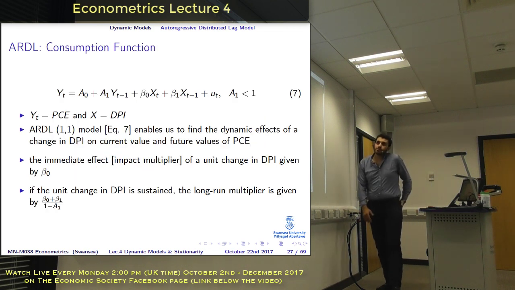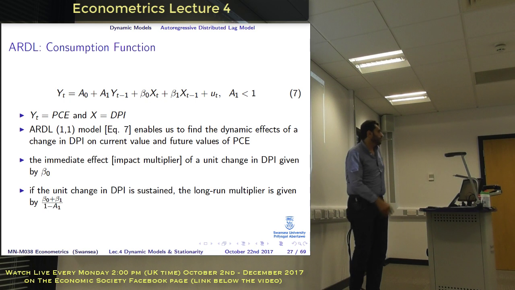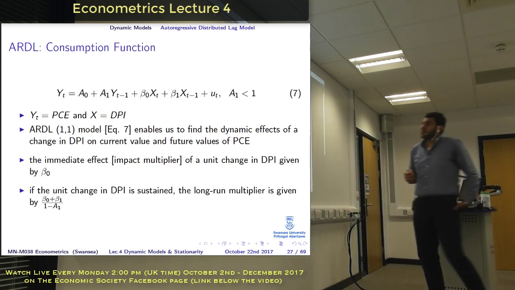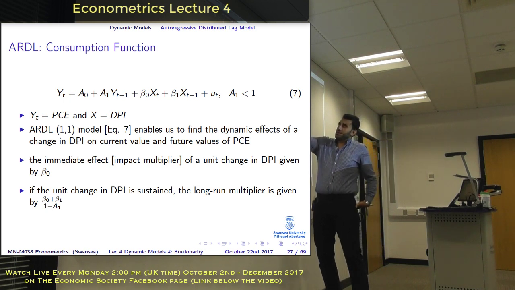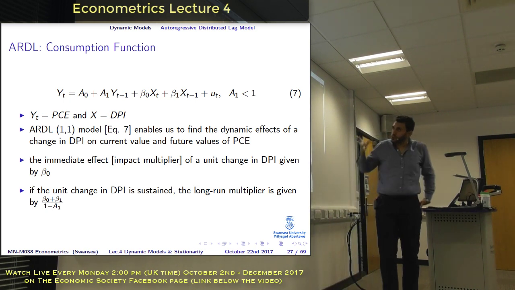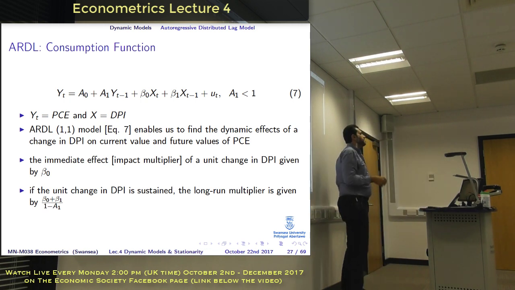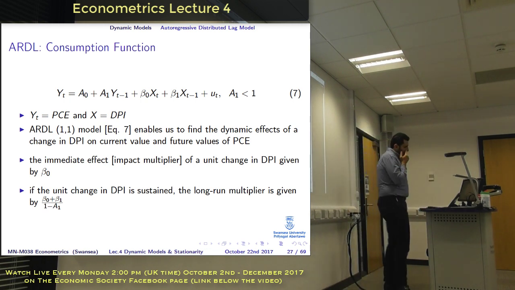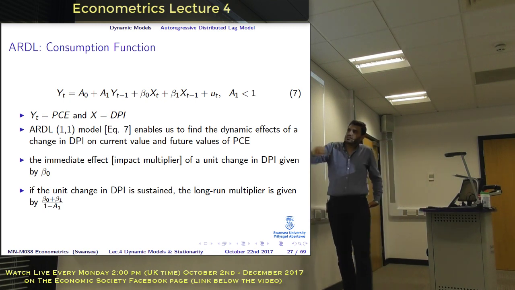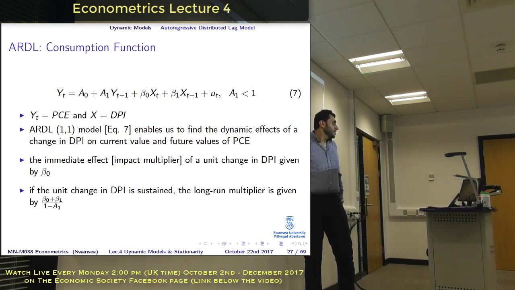So let's think of estimating a very simple ARDL model. This might not be the best one to represent this relationship according to the data, but what we're trying to look at here is a very simple form of this model, just to see how we would interpret these coefficients. So this is ARDL(1,1), meaning we have P equal 1, Q equal 1.